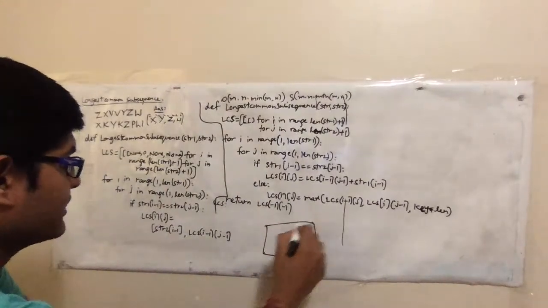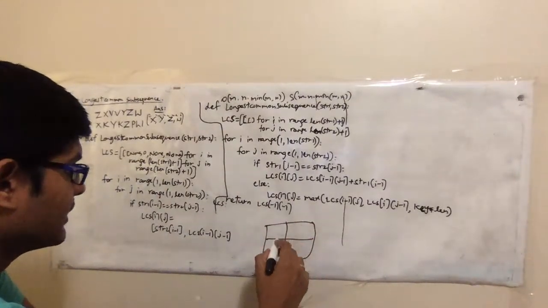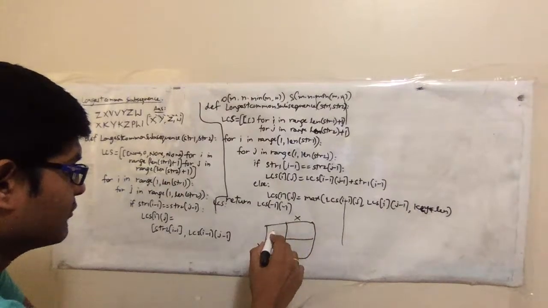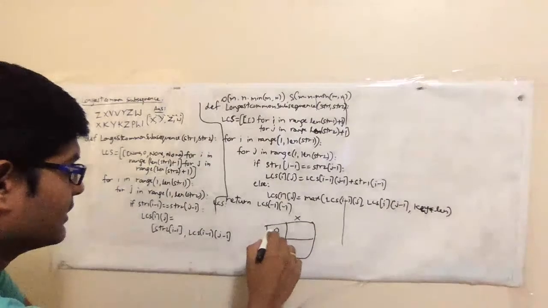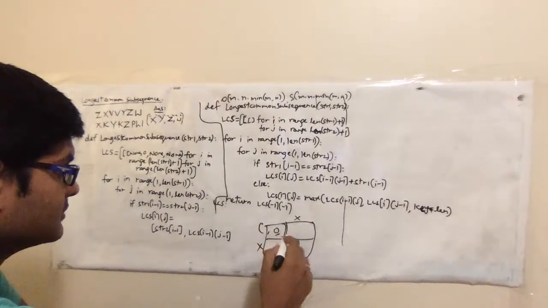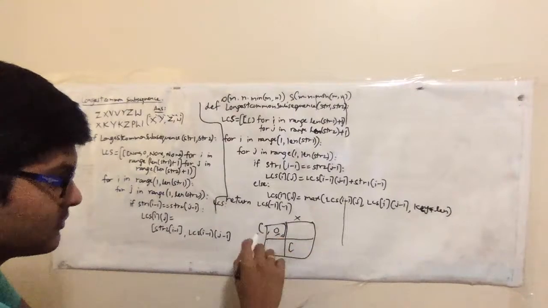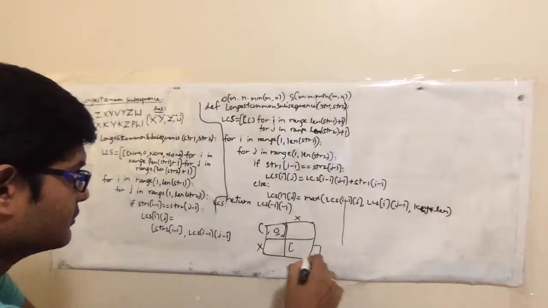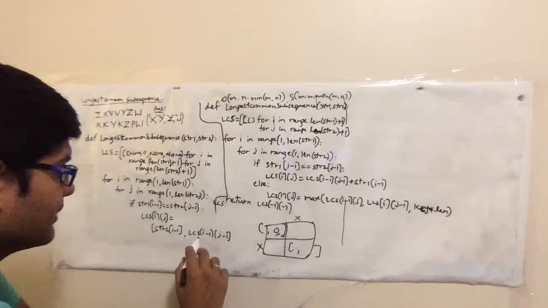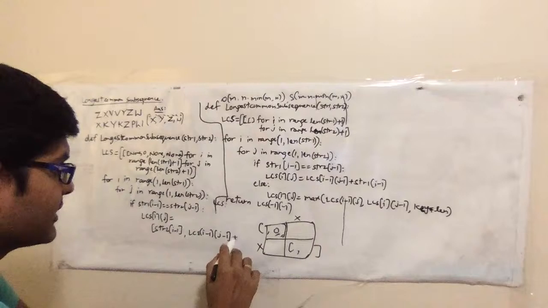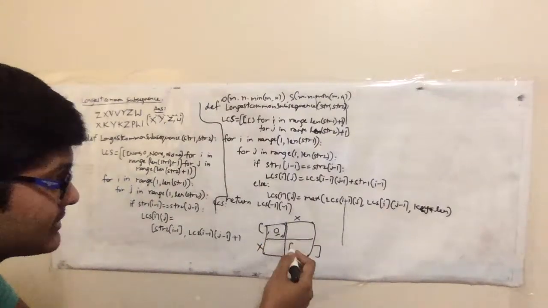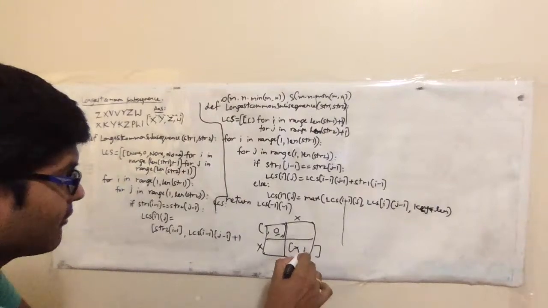We can get more clarity by viewing this. Say if x is there and we calculated this as 0, this is not actually 0 in this. There are remaining characters too. So what we are doing is we are adding LCS of I minus 1 j minus 1 plus 1, because we are calculating the x, adding to the element x and 1.